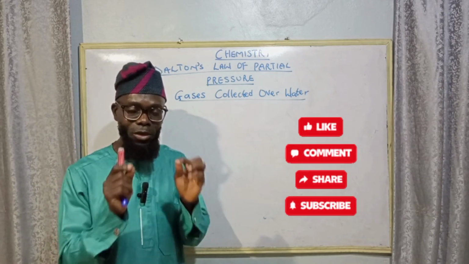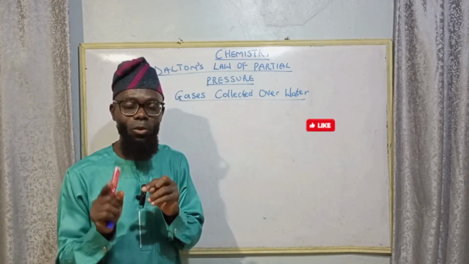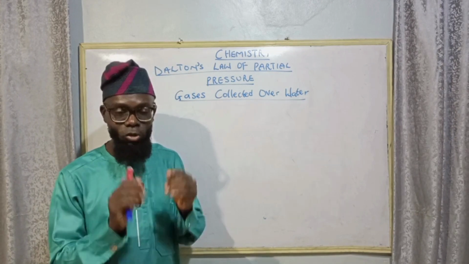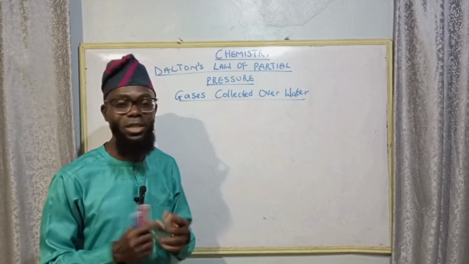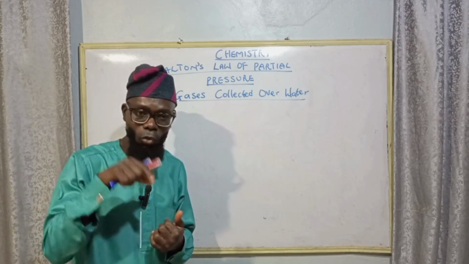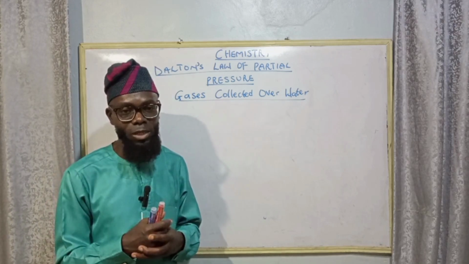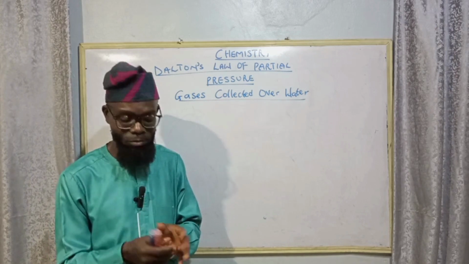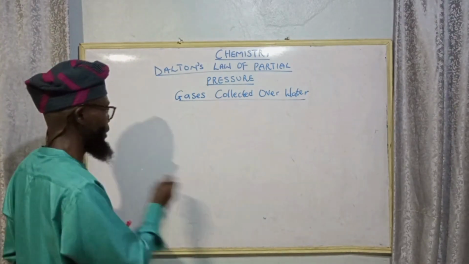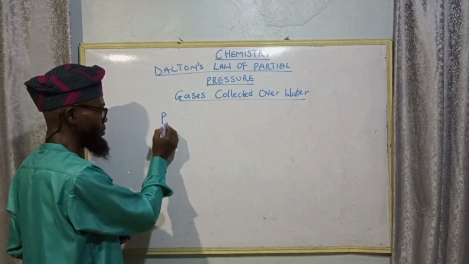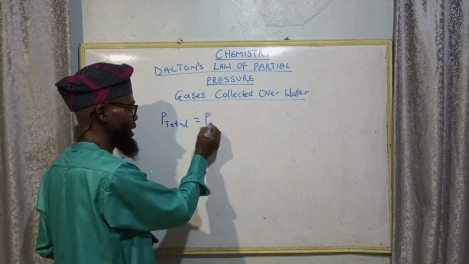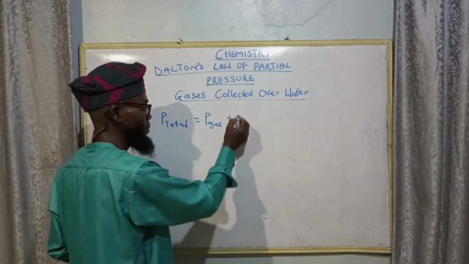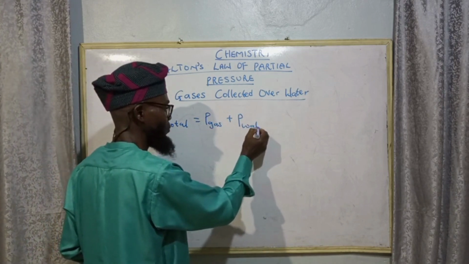Since these gases become wet, the total pressure in this case is going to be the pressure of the gas and the pressure of the water vapor that will be released. So total pressure is equal to pressure of the gas plus pressure of the water vapor.